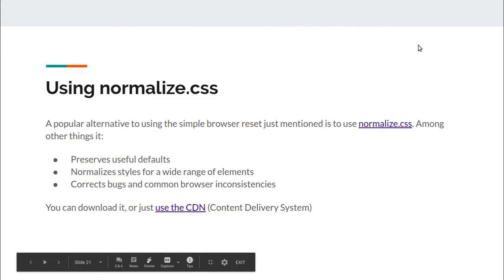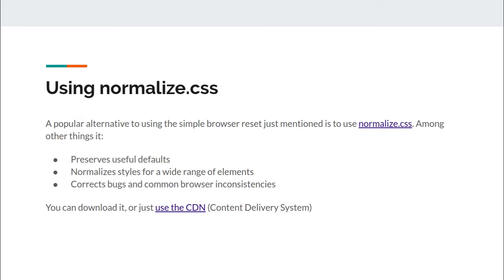All right, so I'm just going to mention normalized CSS. You'll see lots of people use normalized CSS, and it will include that browser reset that we just saw, but also some other things that are considered reasonable defaults that won't interfere with your own style.